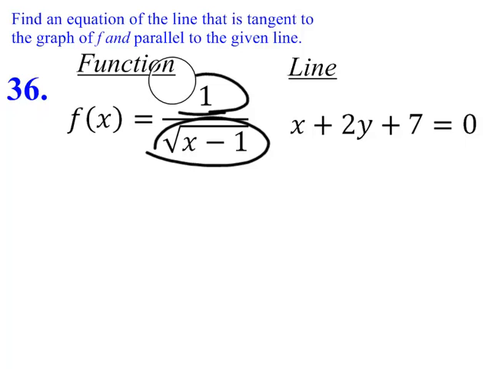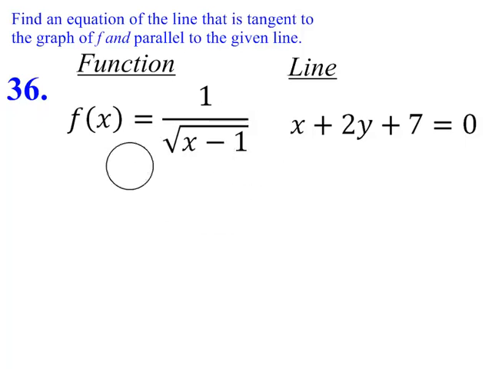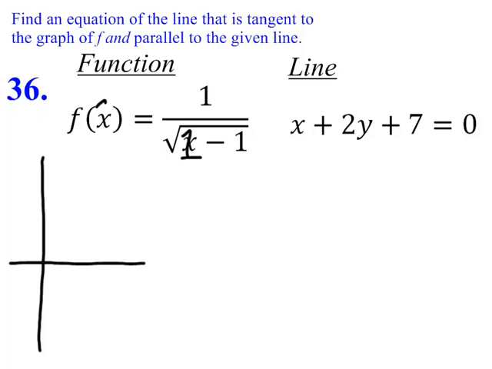That's the situation that tends to give us vertical asymptotes, right? So we see that an x value of 1 is what's going to give us a 0 in the denominator. So again, if I were to plug in a 1 here and here, that's what's going to give us a non-zero number over 0. So let's go ahead and put our vertical asymptote there at x equals 1.